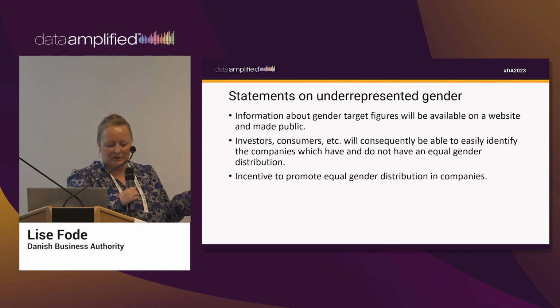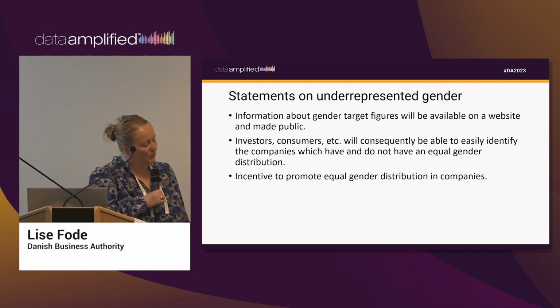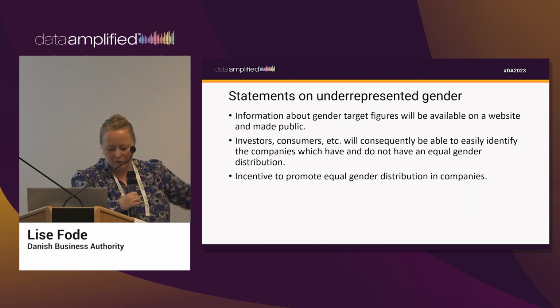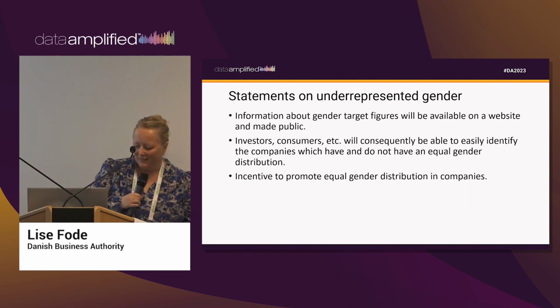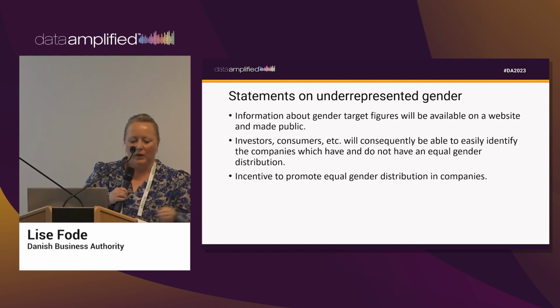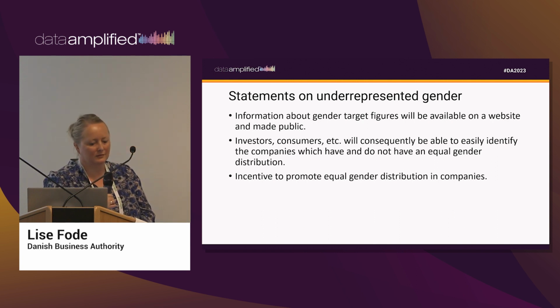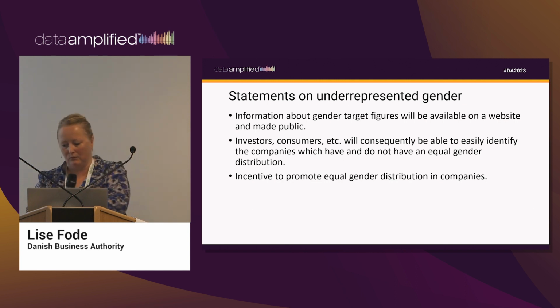So all the information will be displayed on who works towards equal gender distribution. On this slide, I wrote incentive, but you can also call it an exposure of the company. So that's one of the ways the Danish government works when they're trying to get something achieved without making it a hard regulatory demand.